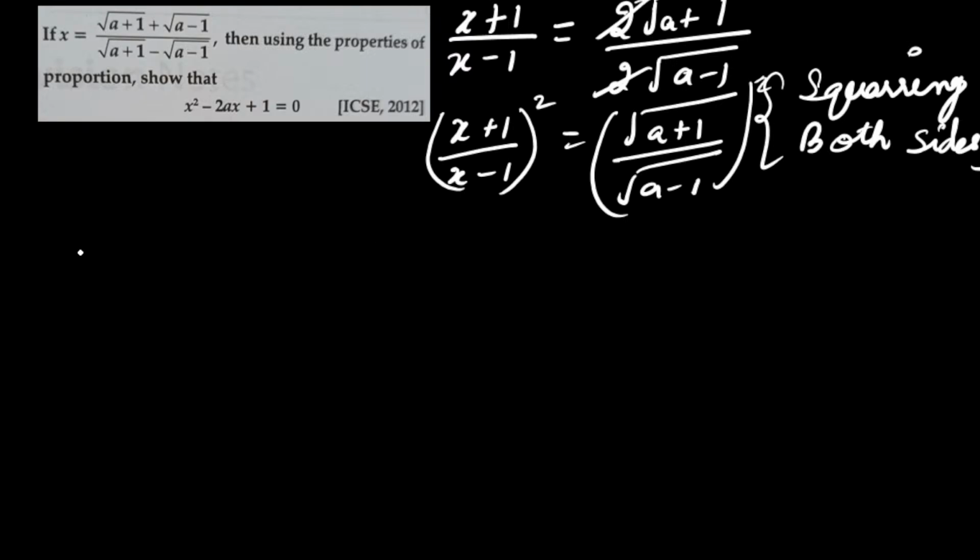If you do the whole square of this, on the right hand side you have to apply the identity. I hope you remember a plus b whole square and a minus b whole square. So a plus b whole square and a minus b whole square we have to apply here. So a plus b whole square, do you all remember?